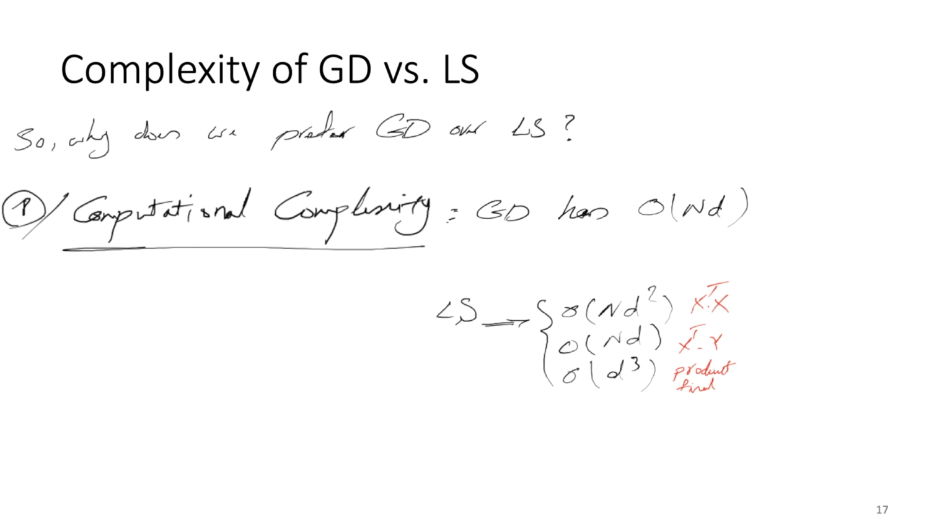However, if you apply least square, because of the formula it has, the product of x transpose and x, so let me just bring it up here. You had the pseudo inverse matrix, if you recall.